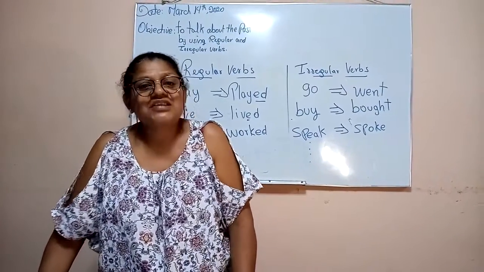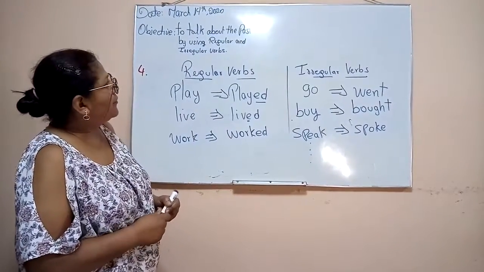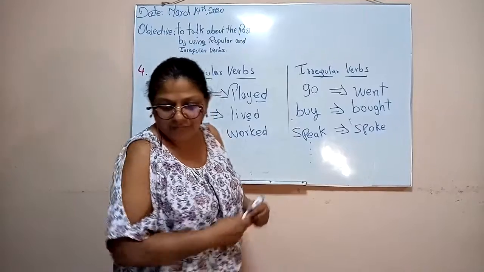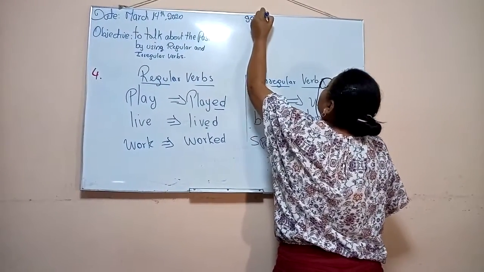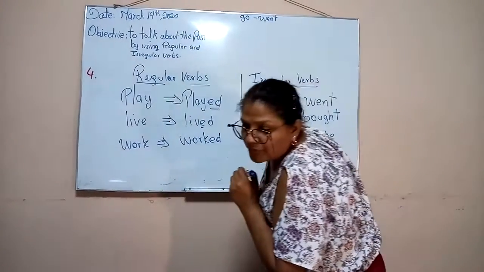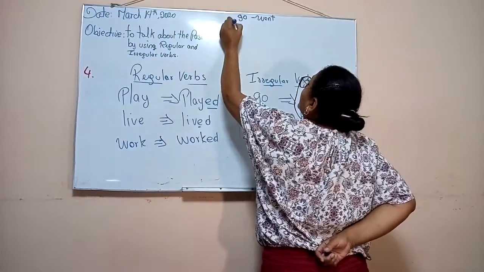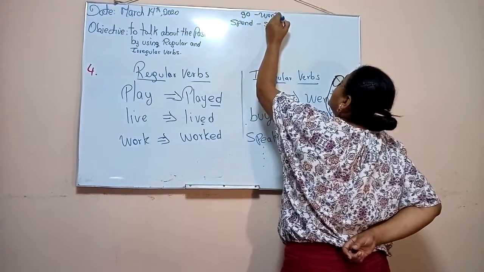So going back to your page, I will put the simple past of the verbs from this list. Number 1, go. Simple past is went. Continue with spend. Simple past is spent.